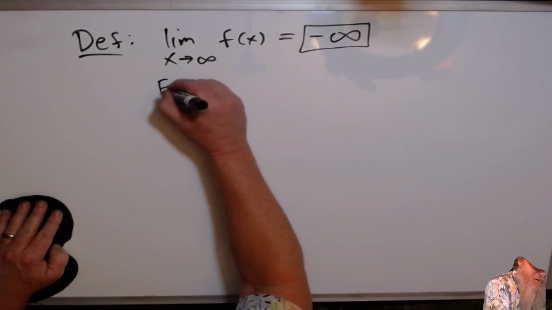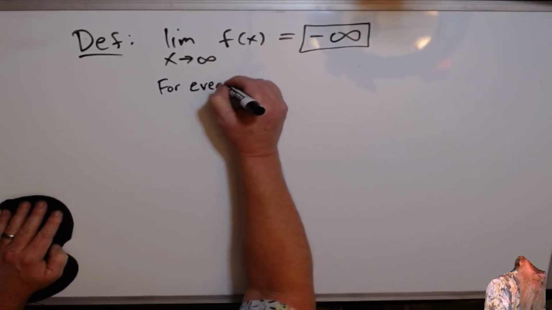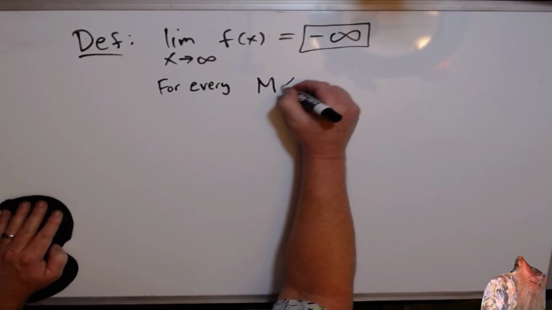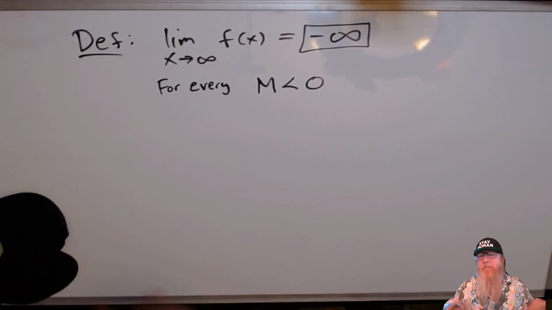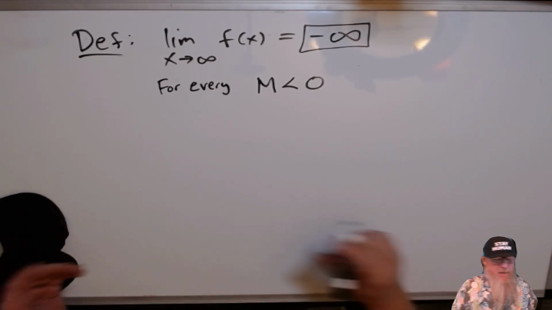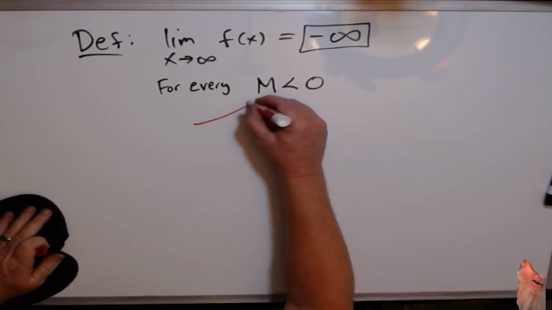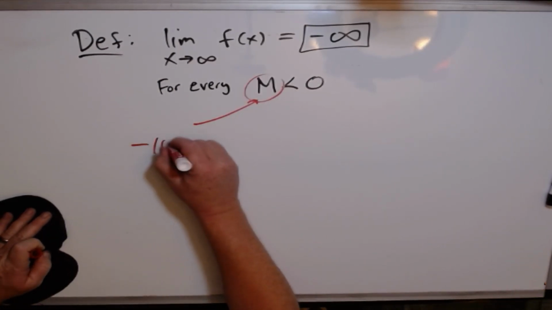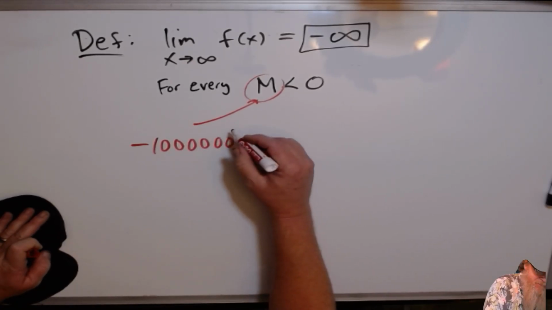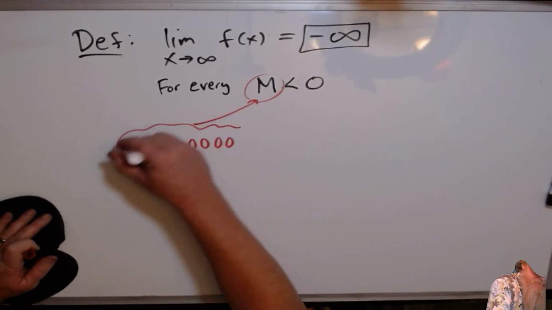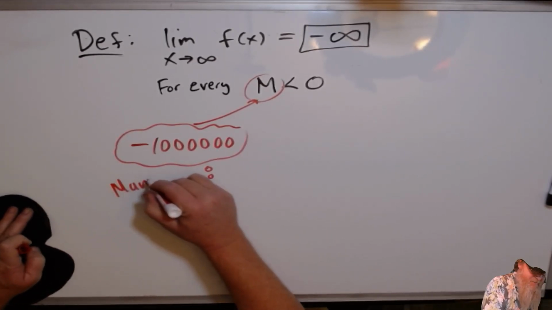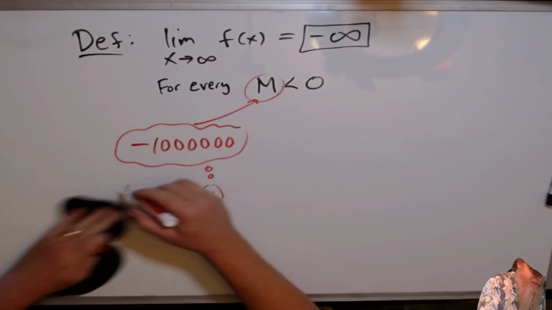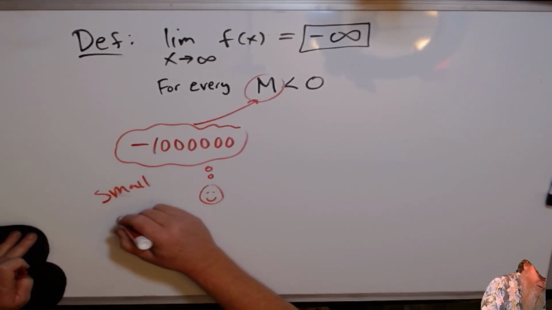It says for every magnificently small negative number. All right. It's funny that we use the word small, right? But in your mind, M should be like negative a million or something. That's what you think of. This is a very small number.